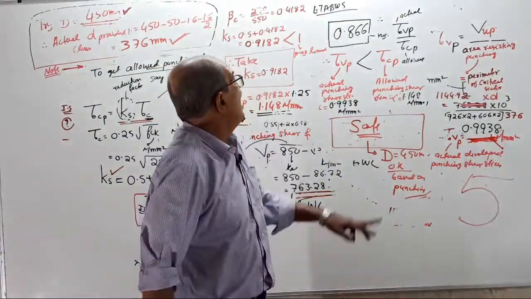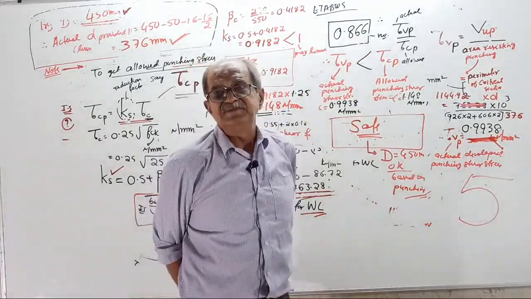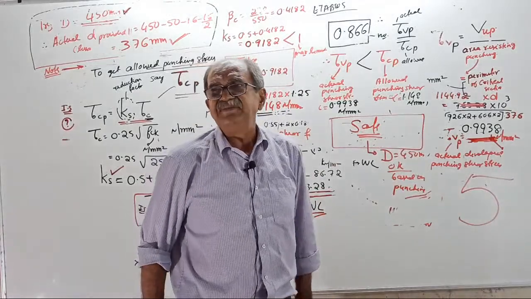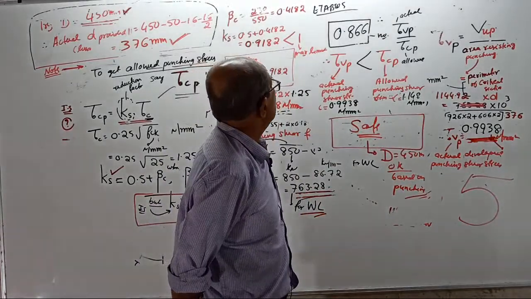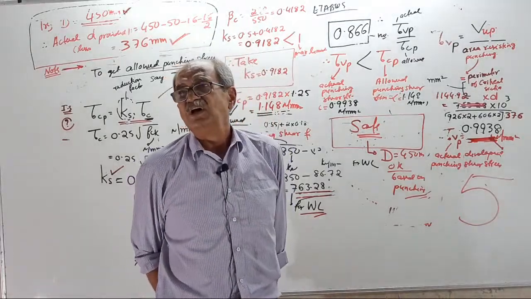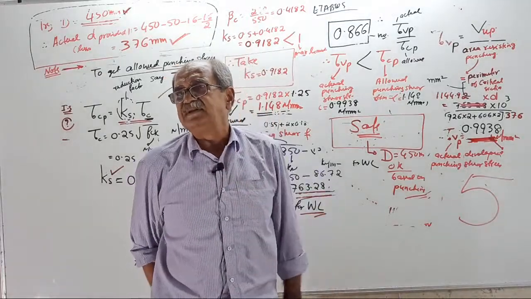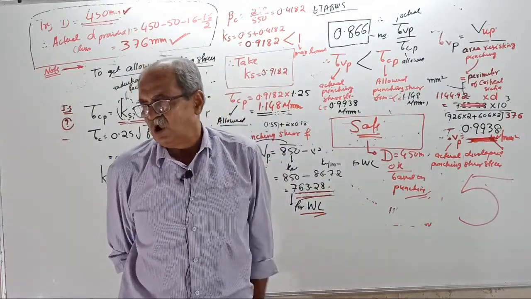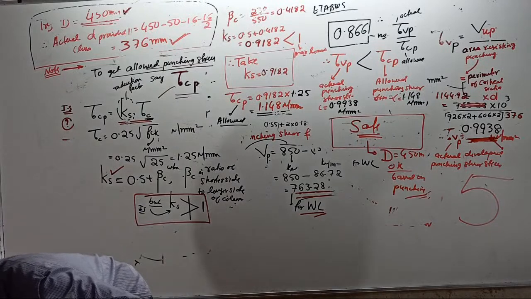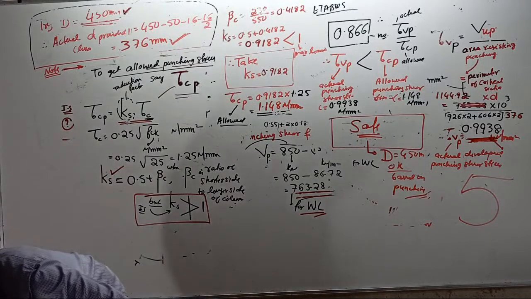Clear now? Suppose that number comes to 0.866, it means there is reserve strength of around 13.4%. Tell me yes or no, there is still reserve strength of around 13.4%.